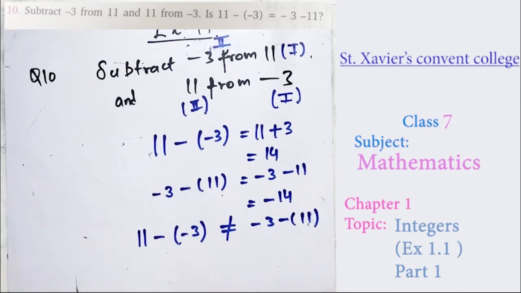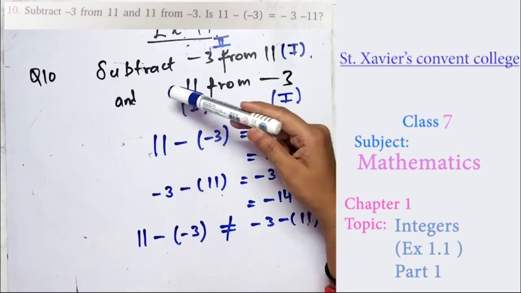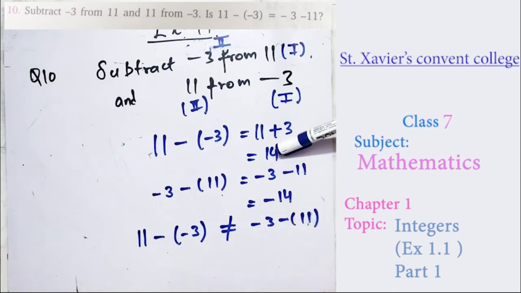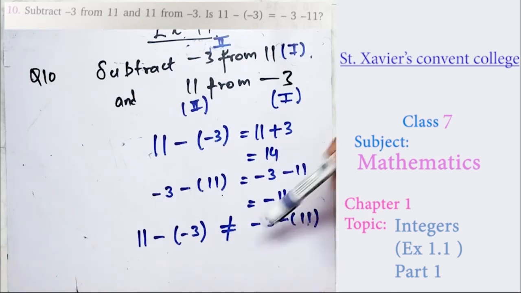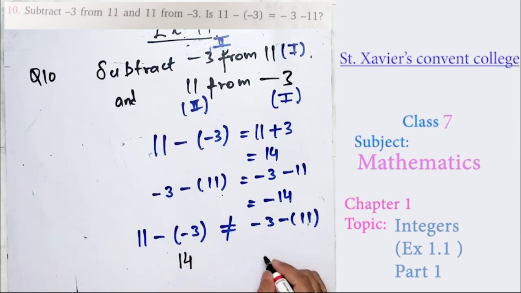The first portion, 11 minus minus 3, gives you 14, and minus 3 subtracted from... minus 11 gives you minus 14. They are not equal to each other. So this is 14 and this is minus 14. As 14 has a positive sign, it must be greater than minus 14.